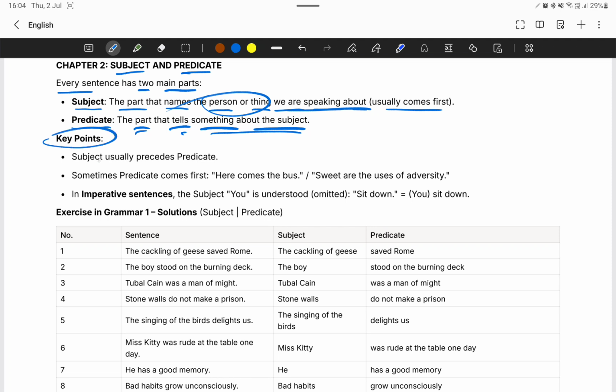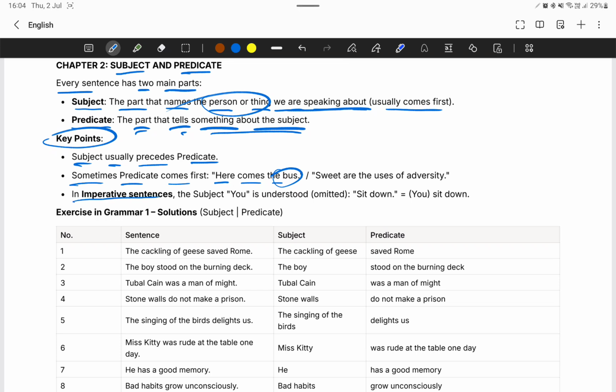Key points: the subject usually precedes the predicate, of course, obviously. Sometimes the predicate comes first. For example, here comes the bus, where bus is the subject that comes after the predicate. So in that situation, sometimes the predicate comes first.